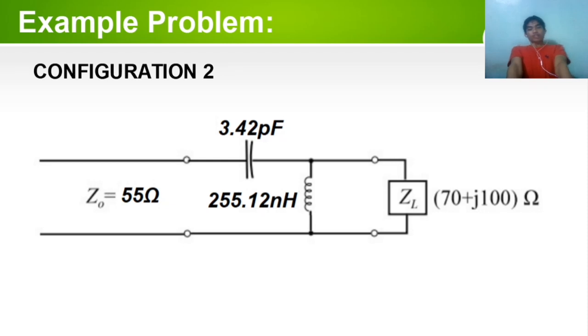In order to match these two, we have a capacitor in series with the inductor and the load impedance. We have the value of the capacitor of 3.42 picofarad and the value of the inductor, which is 255.12 nanohenry. So this is the configuration of the L network.